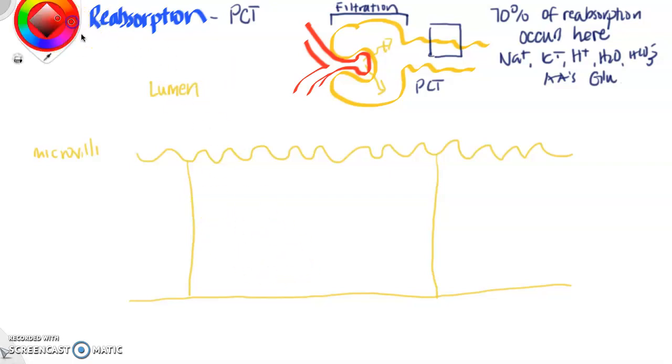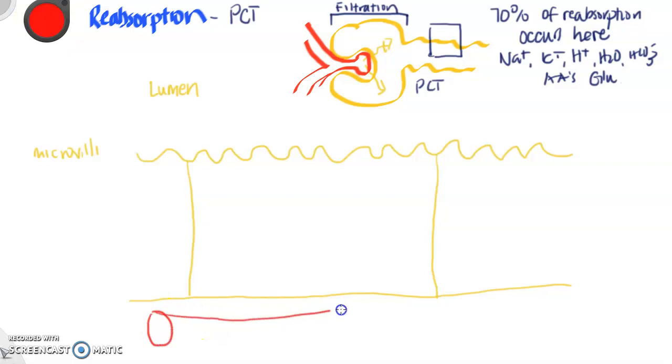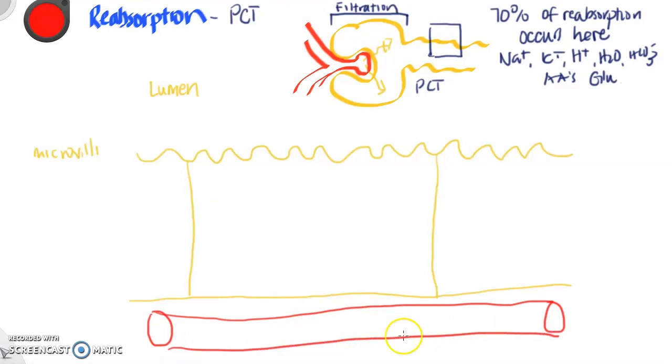And of course we need a blood supply, so we've got blood going on down here. We want to reabsorb stuff into the blood. This isn't filtration. It isn't like it's just coming back in. It kind of has to be helped.